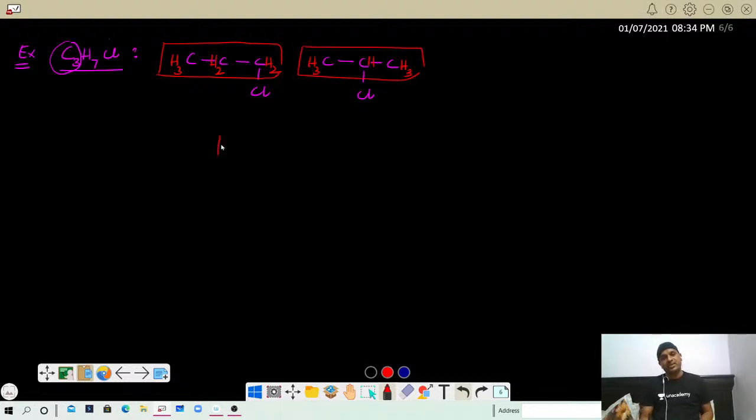Therefore, if you ignore the position of the substituent, it is propane, it is chloro, right? Chloropropane. And what about this? It is also chloropropane, right? Perfect. But in what way are they different? Yes, as we discussed, the position of a branch. Suppose the chlorine is a branch here. Here chlorine is a branch.